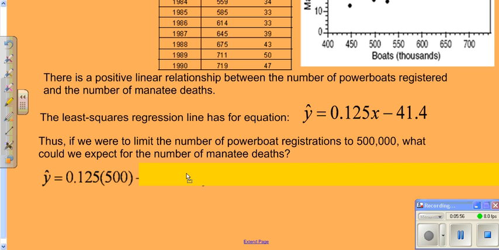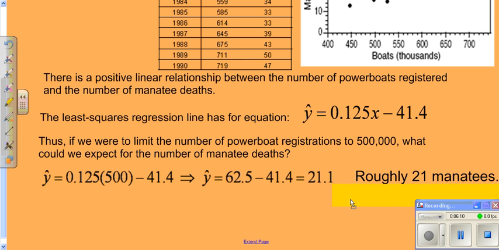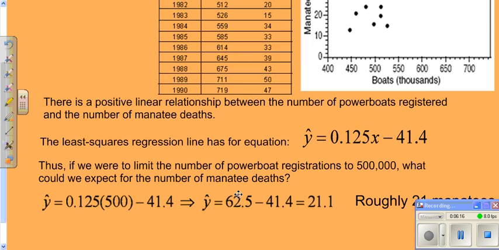We're going to plug in 500 for our value of x, and now all we have to do is type that into our calculator. We would get, say, 21.1. Well, we can't have part of a manatee, so we're going to say it's roughly 21 manatees we would expect to die with 500,000 powerboats down in Florida.